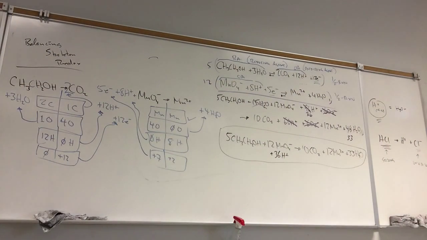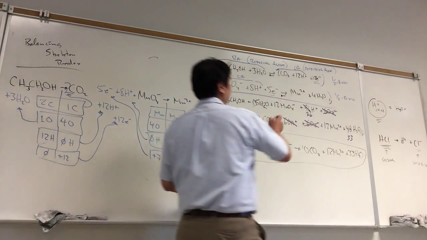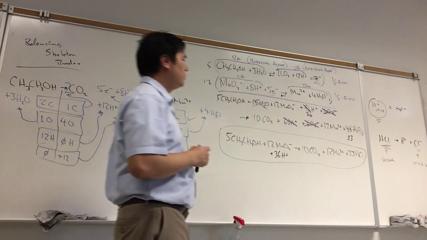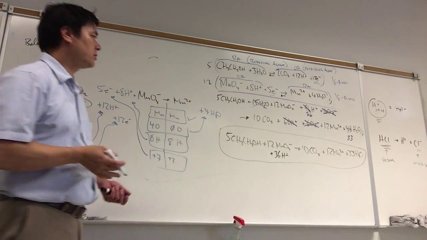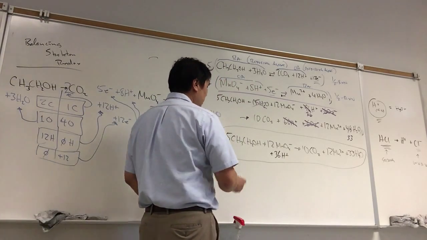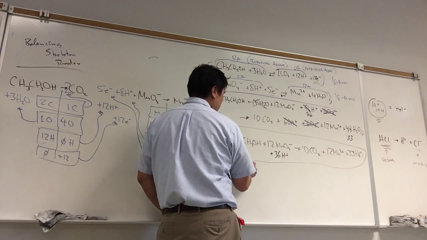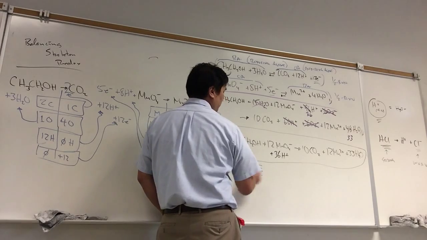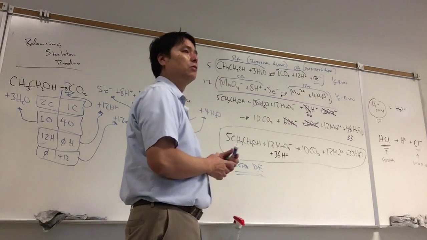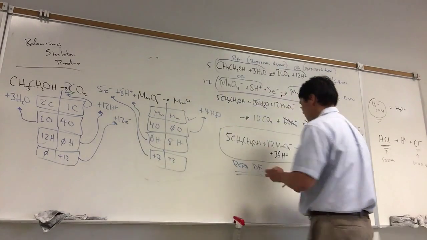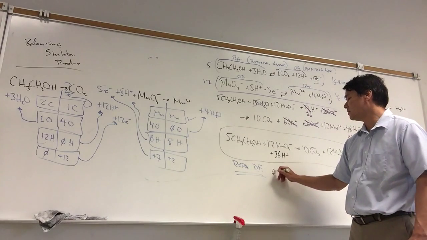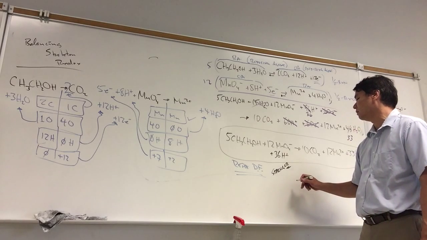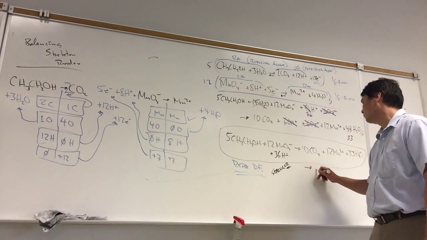Well, there's a conjugate relationship. Maybe I'm jumping too far ahead. This is the reducing agent here. We know this reaction occurs. If this reaction occurs, there's a driving force present. In redox chemistry, the driving force is this: we go from stronger, not strong, it just has to be stronger, to weaker.